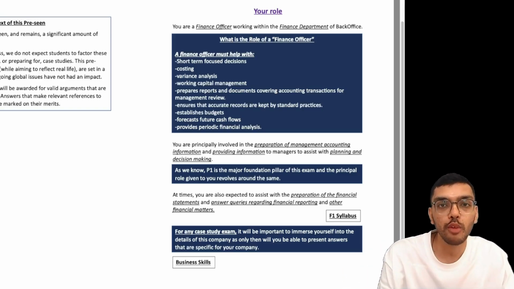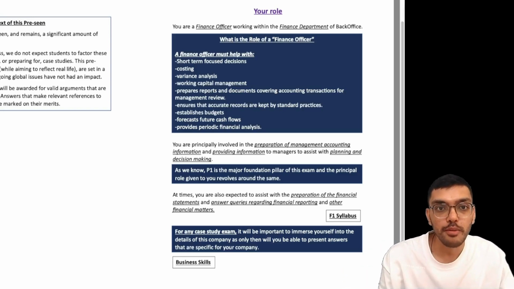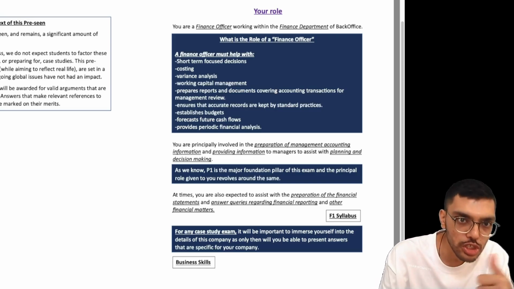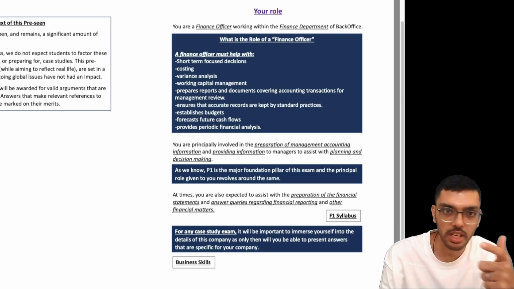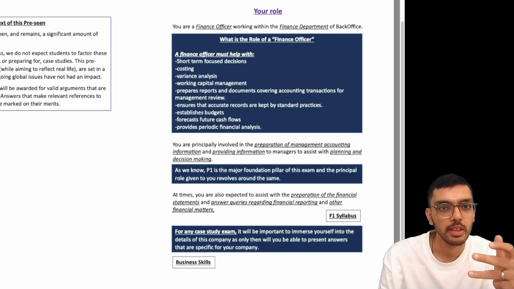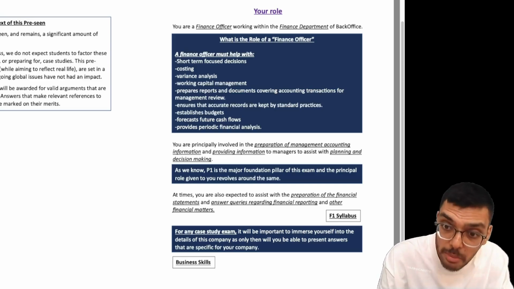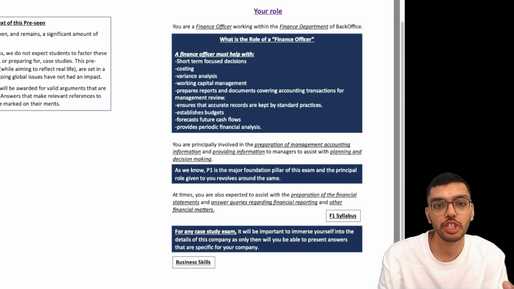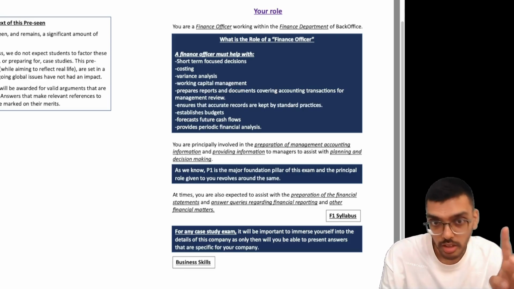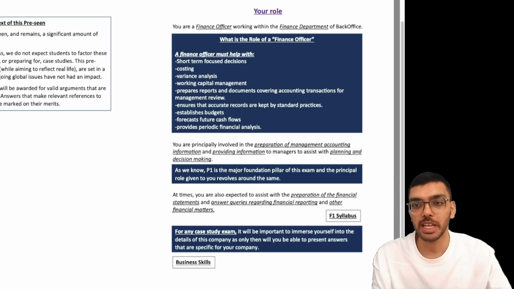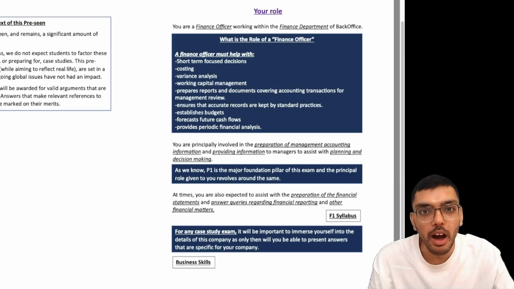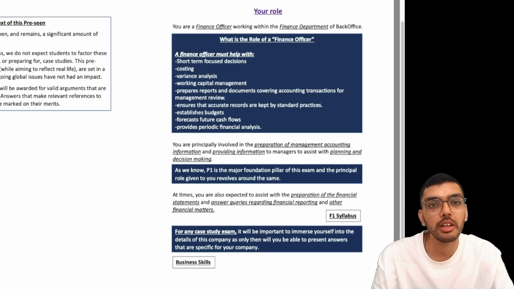So what is your role of a finance officer? A finance officer generally helps with short-term decision making, costing, variance, working capital, forecasts, helping the management make decisions. Now think, all of these topics that I mentioned somewhere, somehow relate to your E1, P1, F1 syllabus.